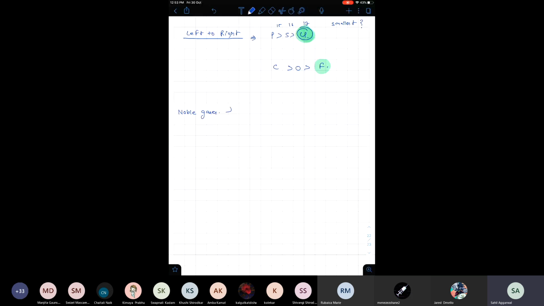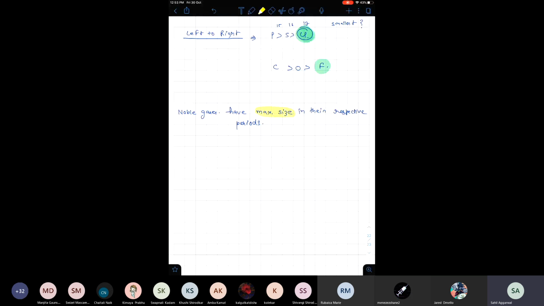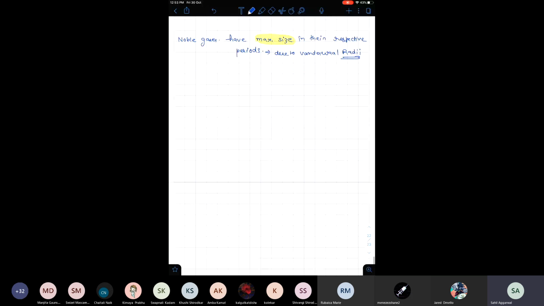Noble gases have maximum size in their respective periods, due to van der Waals radii.